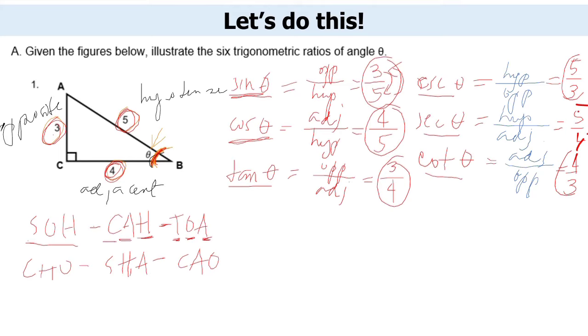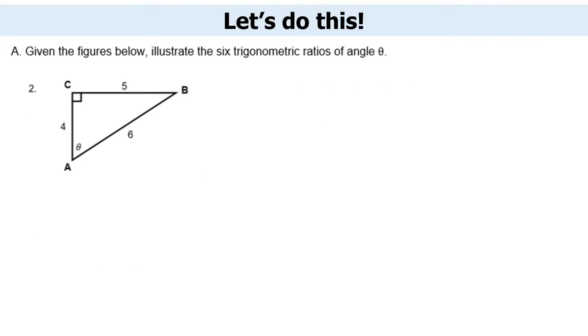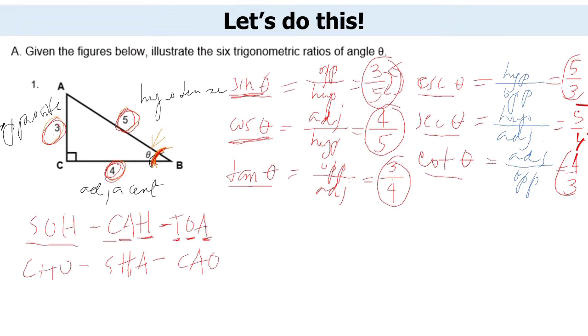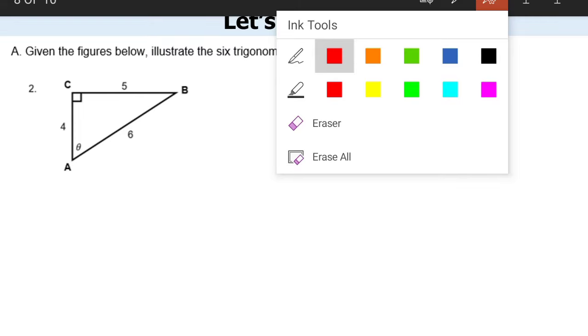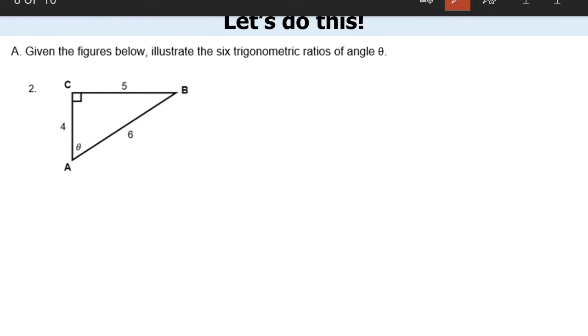Okay, let's go to letter B of this practice exercise. By the way, I know we still have number 2 of A. So again, to understand it more, let's answer this number 2. Remember that the first thing that you have to do is find the reference angle. So your angle theta is the reference angle. So angle A is the reference angle.